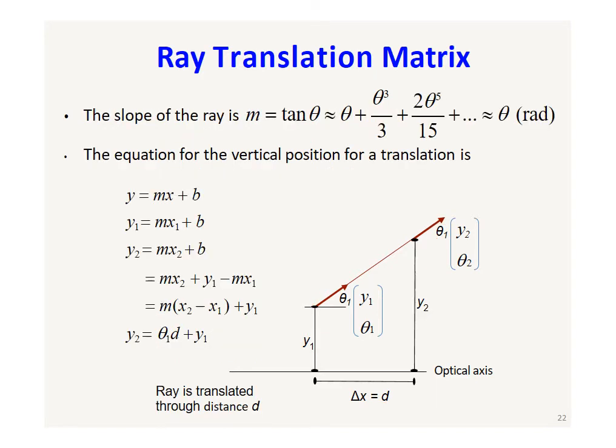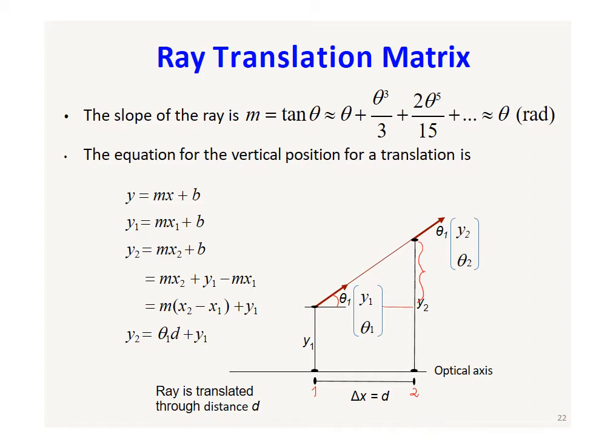So this is how we follow the ray from position 1 through to position 2. We can construct a little triangle here and work out how large the size is. Obviously, we'll be using tan of theta 1.